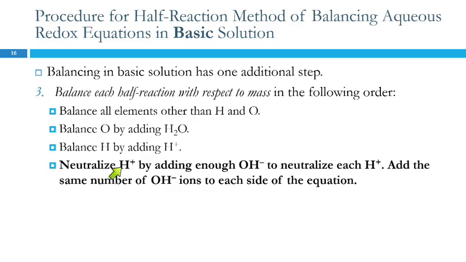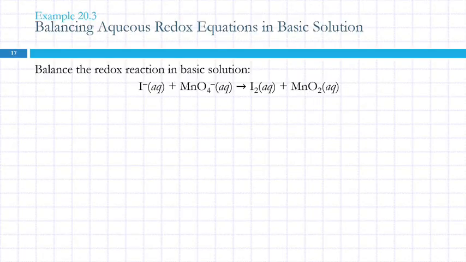Whatever number of H pluses you have, you're going to add the same number of hydroxide ions. Because what do you get when you do that? If you had 2 hydrogen ions, you'd add 2 hydroxide ions and you'd end up with 2 water molecules. To keep it balanced, though, if you add 2 to one side, you have to add 2 to the other side. Okay? So let's do an example of that one.